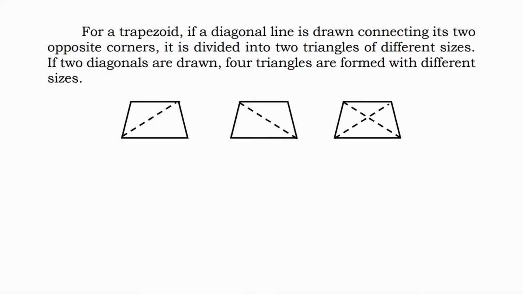For a trapezoid, if a diagonal line is drawn connecting two opposite corners, it is divided into two triangles of different sizes. We have different sizes here. If two diagonals are drawn, four triangles are formed with different sizes.